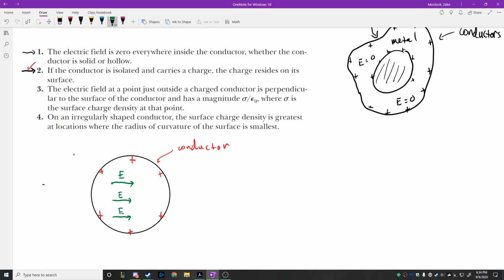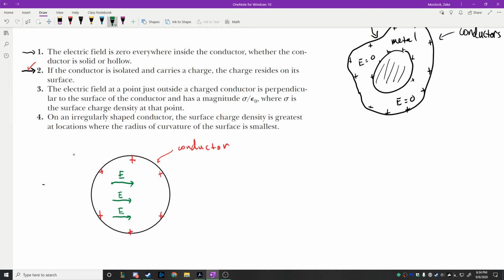Some uniform field, something like this. What would that mean about all these other charges right here? They would feel a force, and so they'd kind of move to the right. But that would kind of violate the idea that they're in equilibrium.